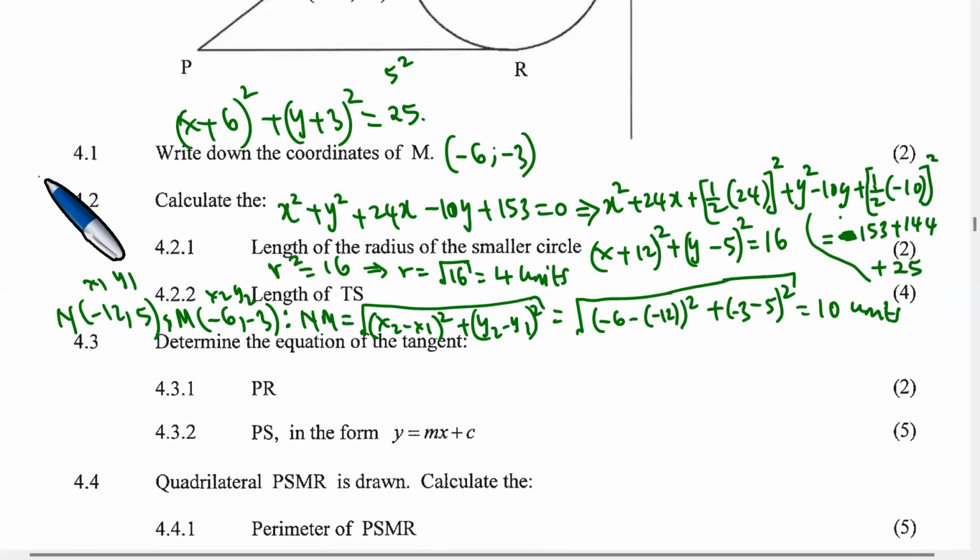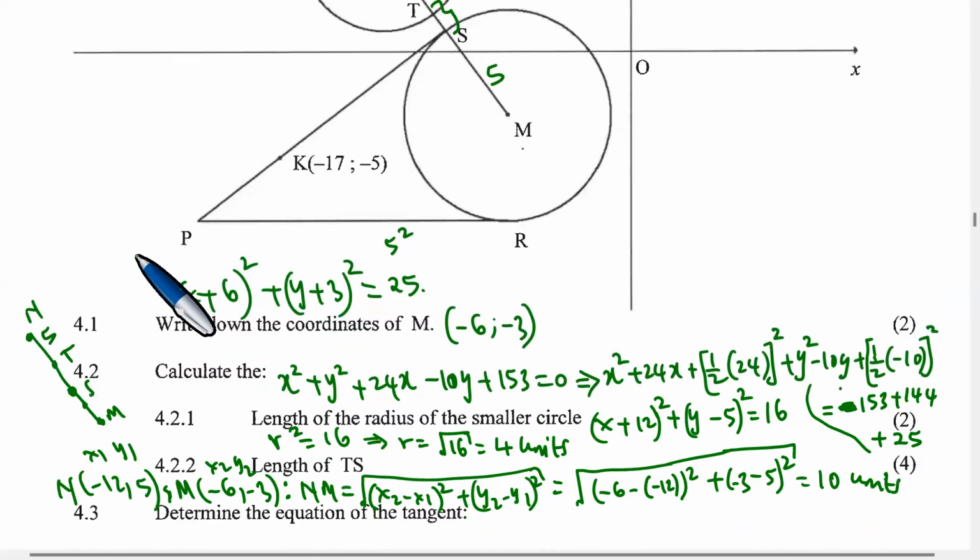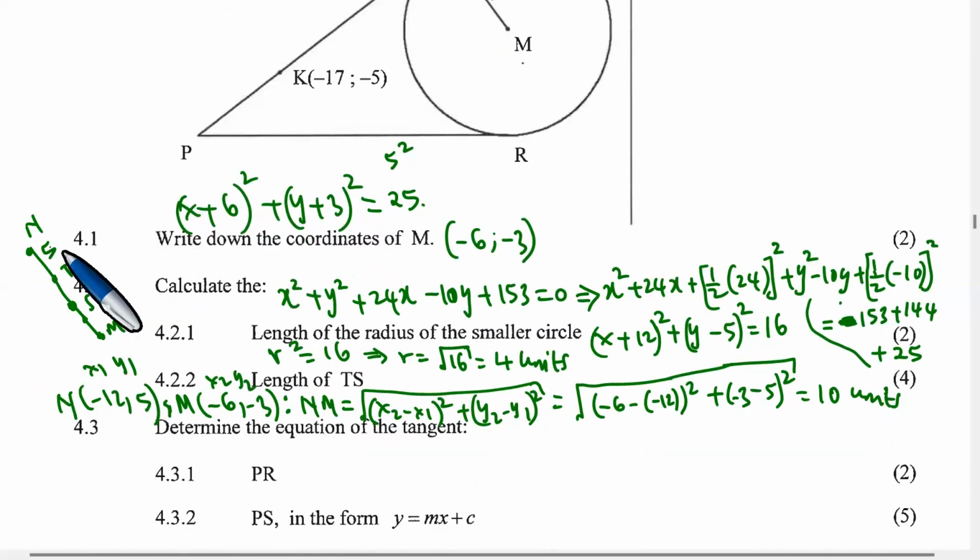I can write it here. You have N here, you have M there, you have T here, you have S there. You have 5 there. 4 is up, this one is a 4. This is TS. But this is a 5.